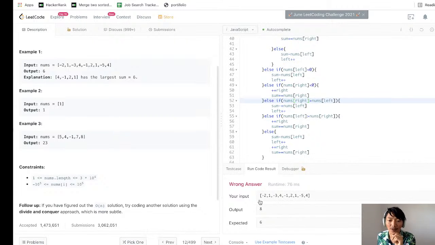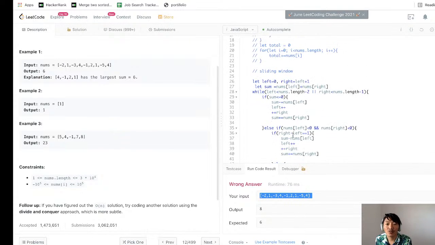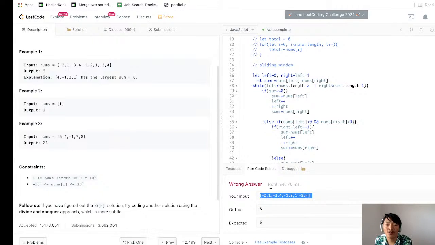Okay, let me check again. Initially this is -1, so sum is also -1. Initially sum is -1, so what we did is if sum is less than or equal to 0, then we increased both of them. That means left points here, right points here.